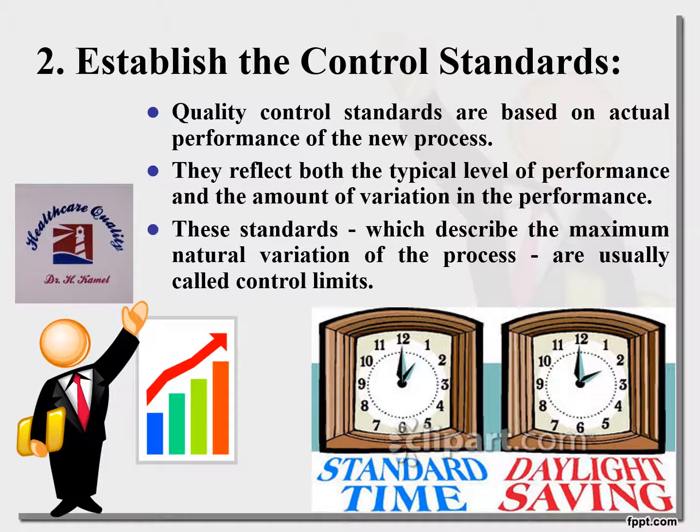2. Establish the control standards. Quality control standards are based on actual performance of the new process. They reflect both the typical level of performance and the amount of variation in the performance. These standards, which describe the maximum natural variation of the process, are usually called control limits.